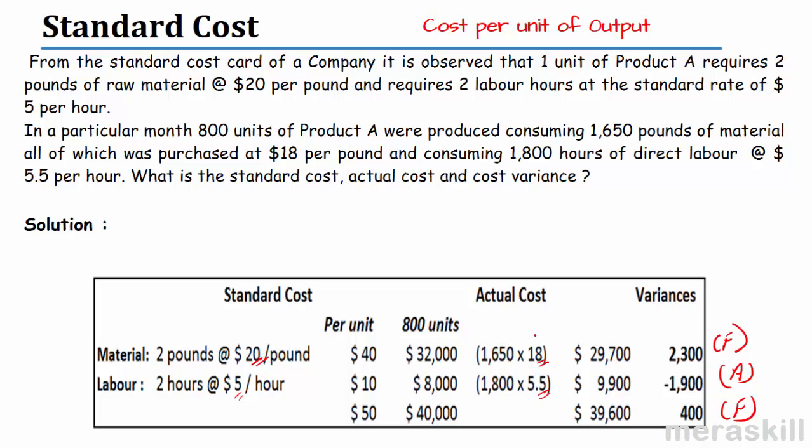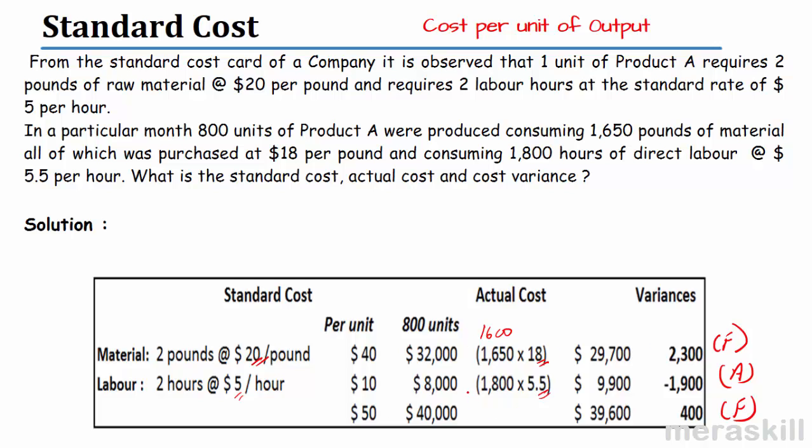So the rate variance is favorable for material and adverse for labor. As far as usage is concerned, we require 2 pounds per unit, so 1600 was the standard, but we ended up consuming more. But because of the rate difference, we have a favorable variance.